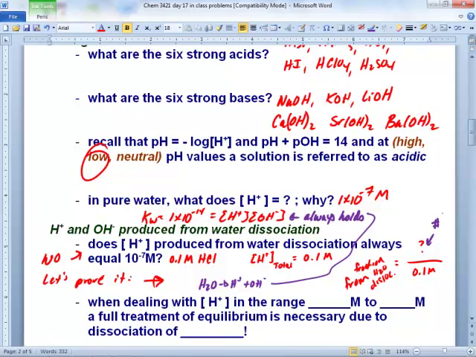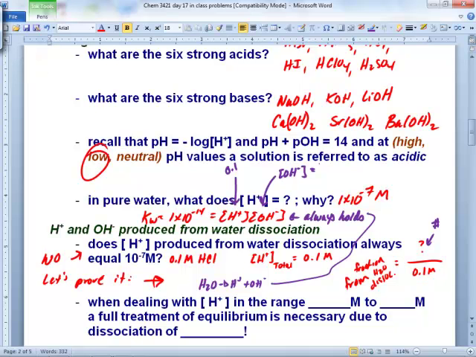So let's see what hydroxide is. Hydrogen ion is what number? 1 times 10 to the negative 1, right? So this is 0.1. So we can calculate the concentration of hydroxide: Kw divided by that, 1 times 10 to the negative 14 over 0.1.